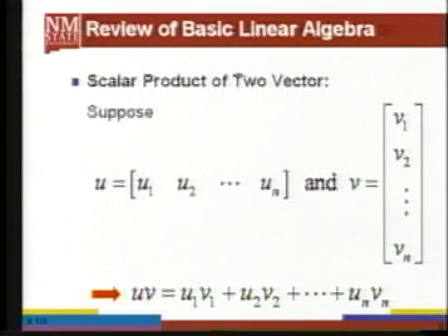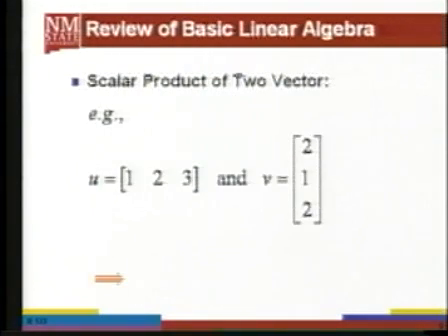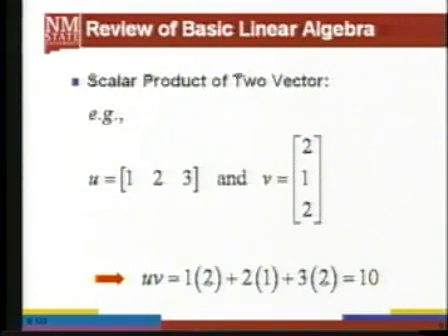Of course, the first vector u must be a row vector, and the second vector v must be a column vector. For example, given a row vector u and a column vector v, uv becomes 10 in this case. So far it's easy, nothing new so far.